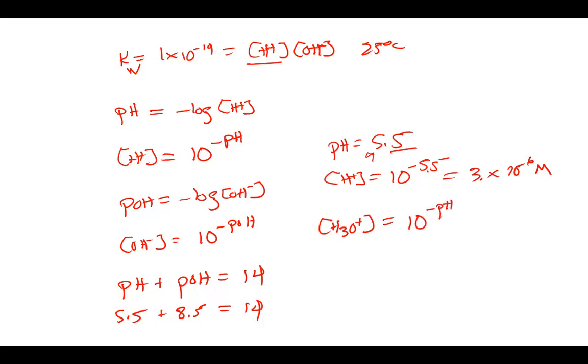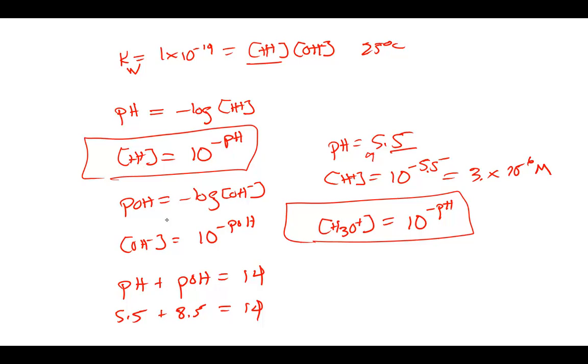You look at this equation and this equation, and they're the same equation. We're just substituting hydrogen ion for hydronium. Hydronium is more correct, but for shorthand purposes, we generally just write the hydrogen ion.